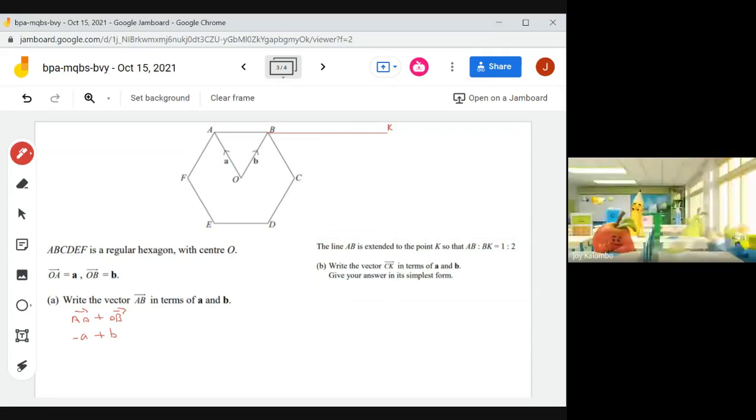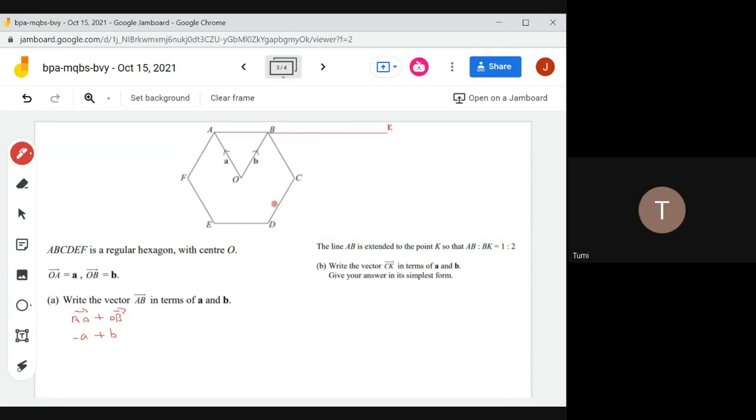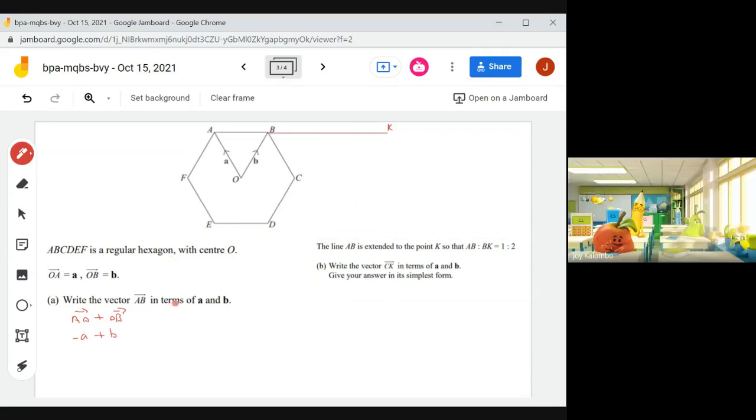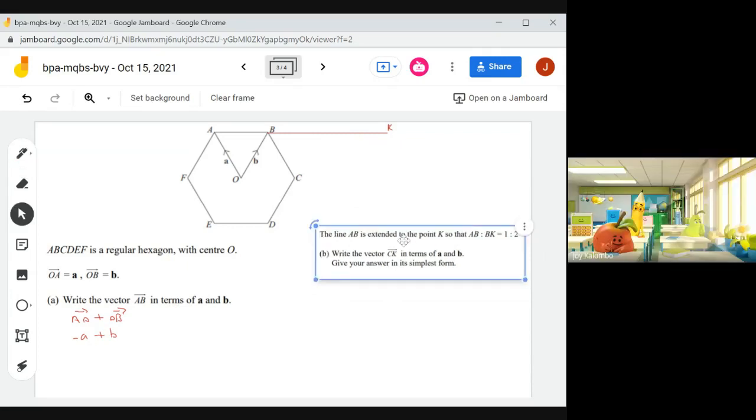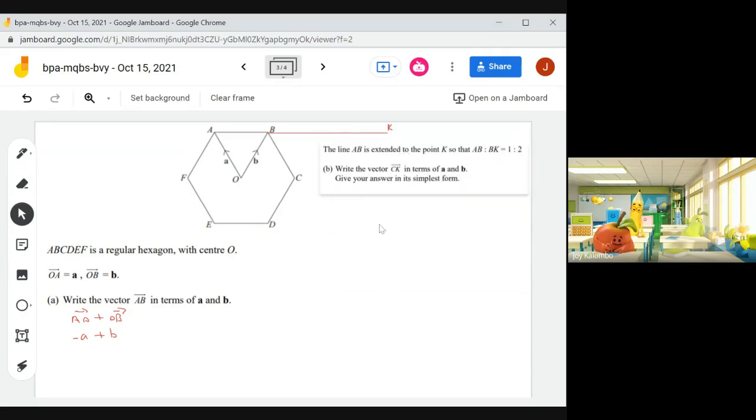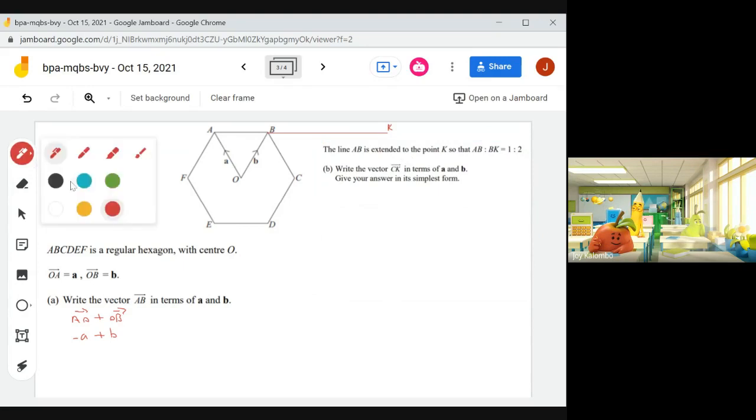Let's have a look. So let's think about this. We've got to be very careful with this one because note how they said the ratio of AB to BK is 1 to 2. So we already know what A to B is, right? It's minus A plus B. So in relation to AB, what's BK going to be?